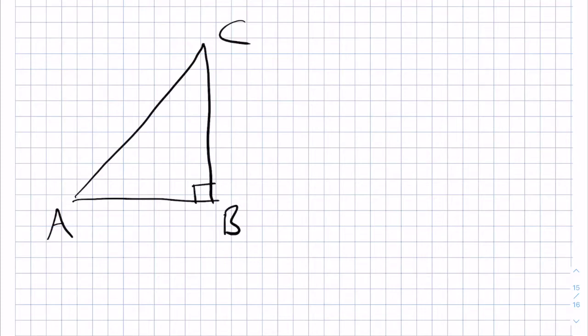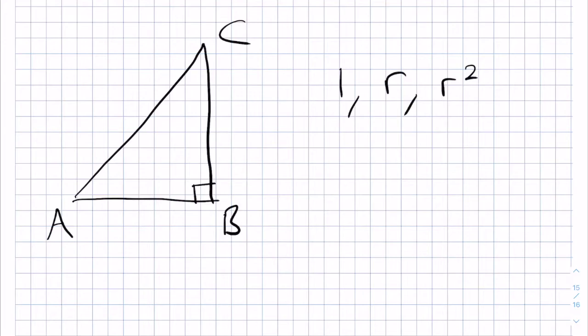So if the side lengths are in geometric progression, then because the hypotenuse is the longest side of the triangle, the three side lengths are 1, r, and r squared in appropriate units, i.e., whatever the shortest side length is, let's define new units to make that 1.